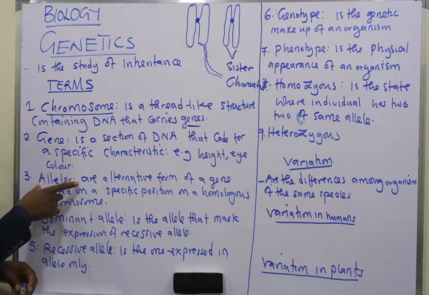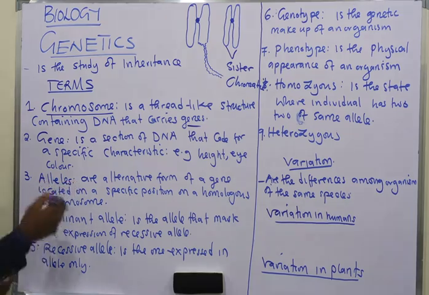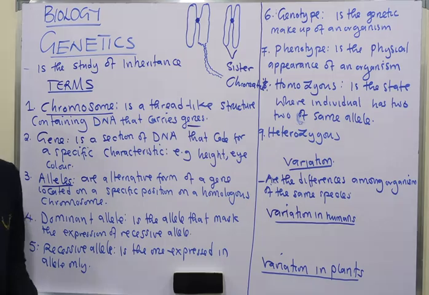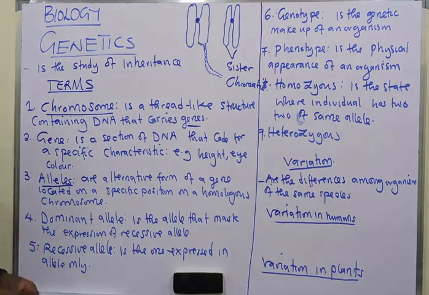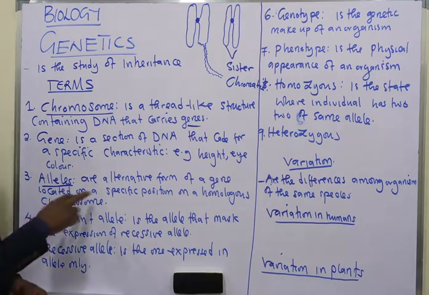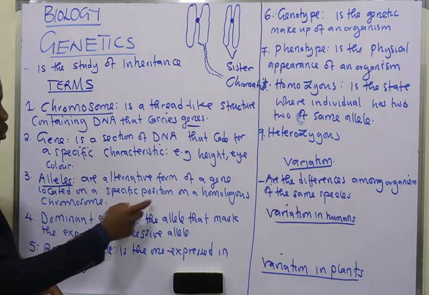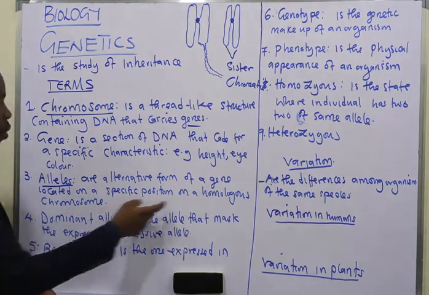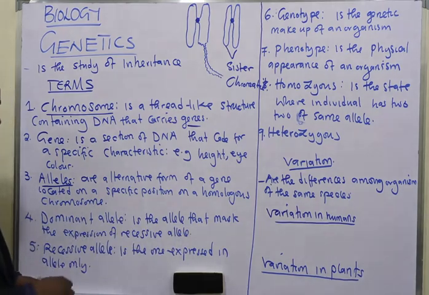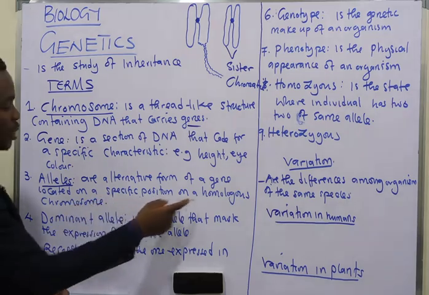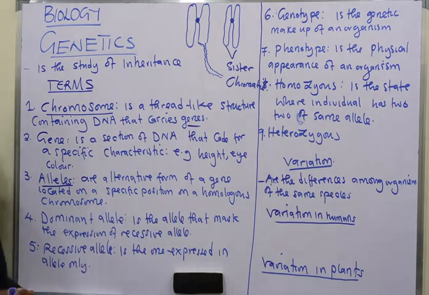Then now we talk of alleles. Now this one is a struggle in pronunciation. So for me, I'm going to pronounce this one as alleles. Okay. So what are alleles, or what is an allele? For alleles, we are just looking at an alternative form of a gene located on a specific position on a homologous chromosome.